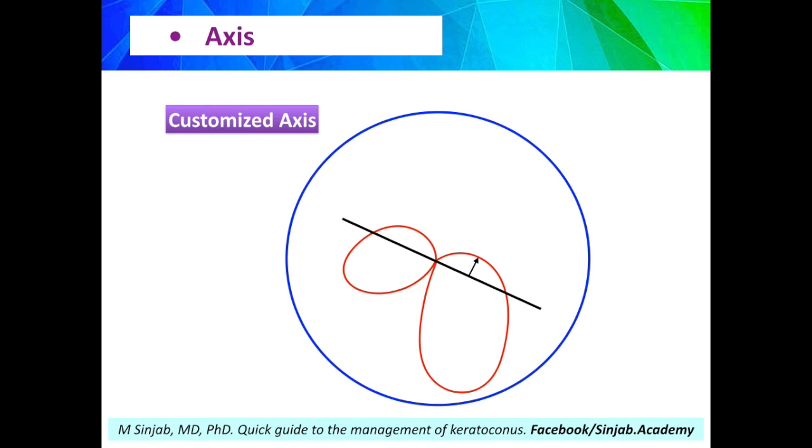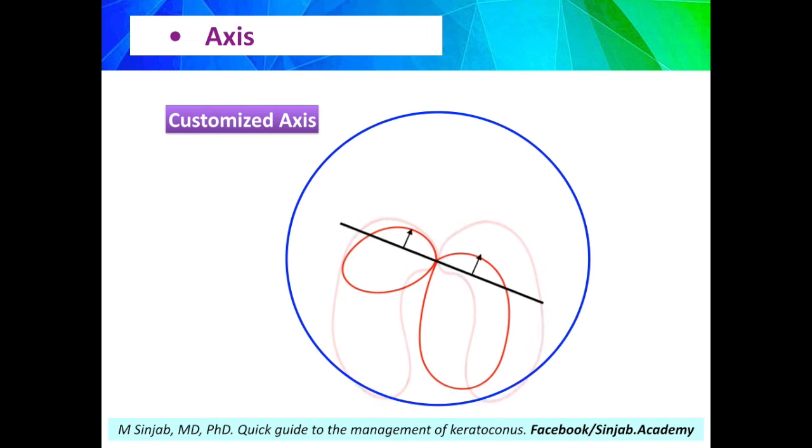As you know, this is an asymmetric bowtie with skewed radial axis. In this case, I draw a line through the center of the cornea, which divides the upper parts of the segments into 2 humps. And each hump should have the same height as the other one.